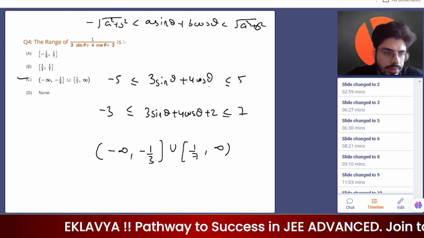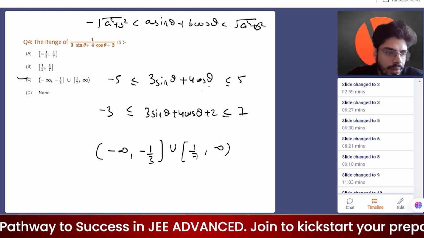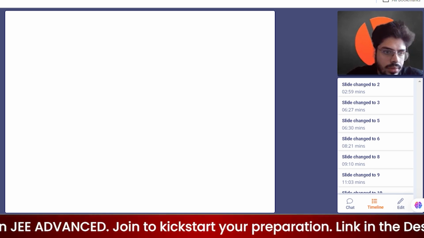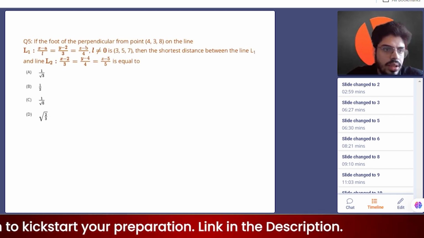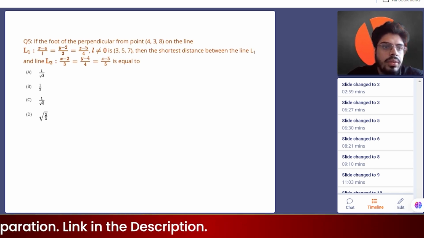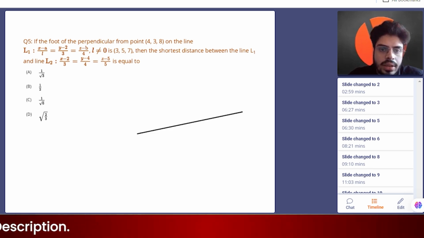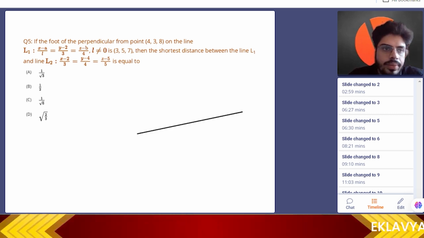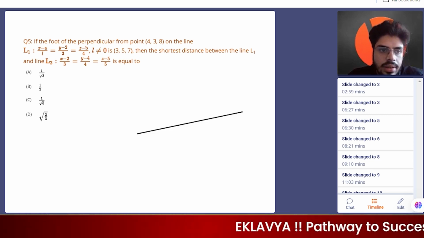So see the answer. Next, question number 5. Look at this question. What is given here is a line.